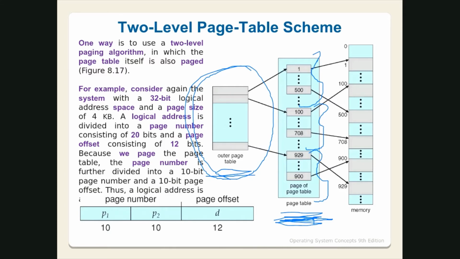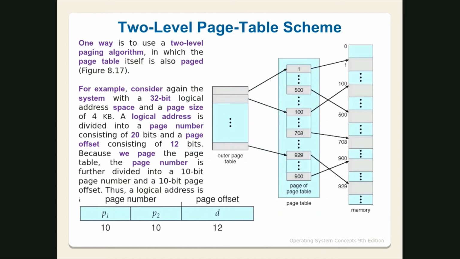So this outer table has a few entries, and each entry points to a table. This entry points to an inner table, this entry points to an inner table. And the entries in the inner page table contain a frame number of the physical memory. You get the idea? So the page table inside the second level contains the physical address.